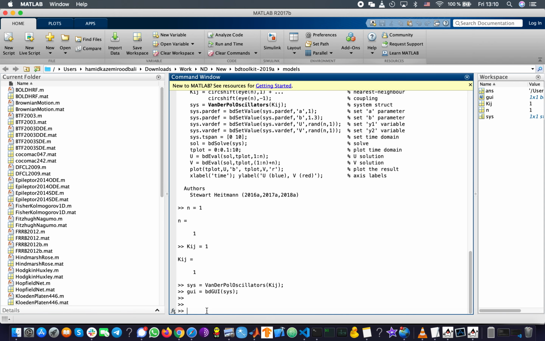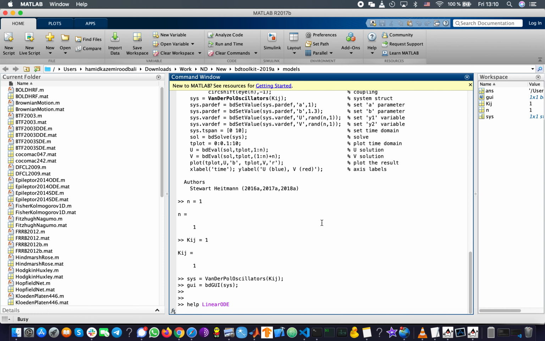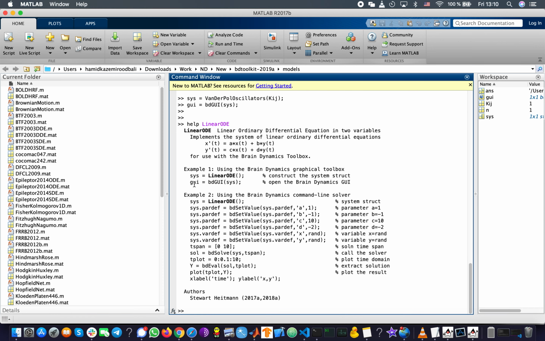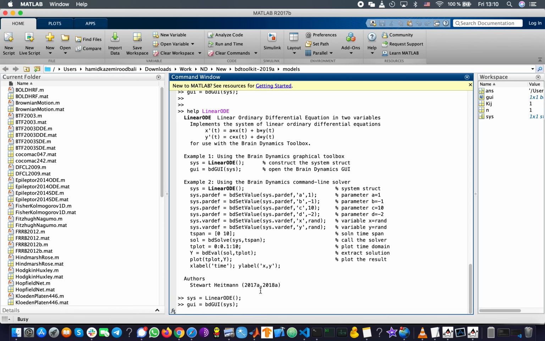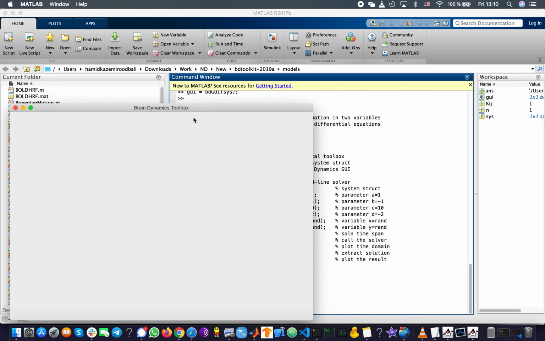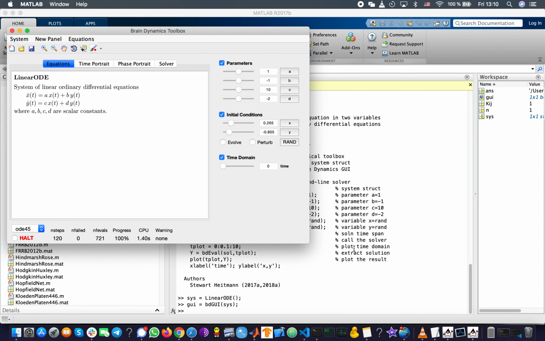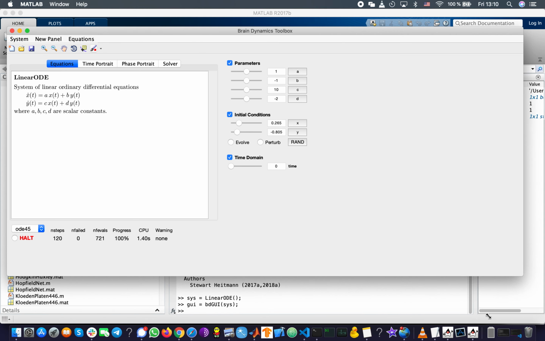Its name is linear ODE. So we say that our system again is our linear ODE system, and here, just for visualizing it, my system will be like this.